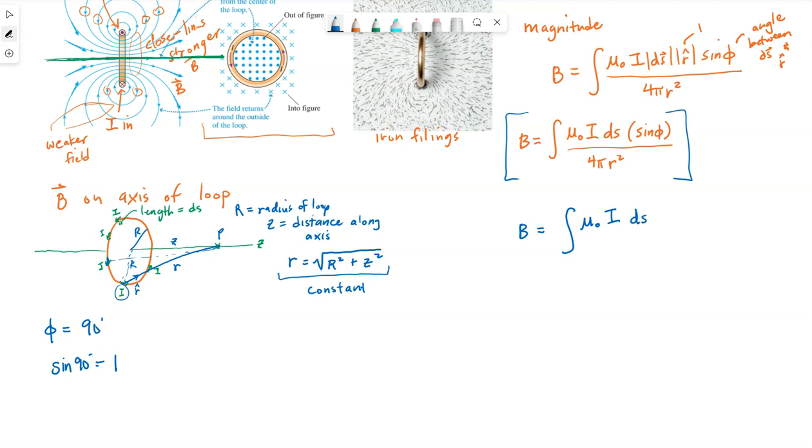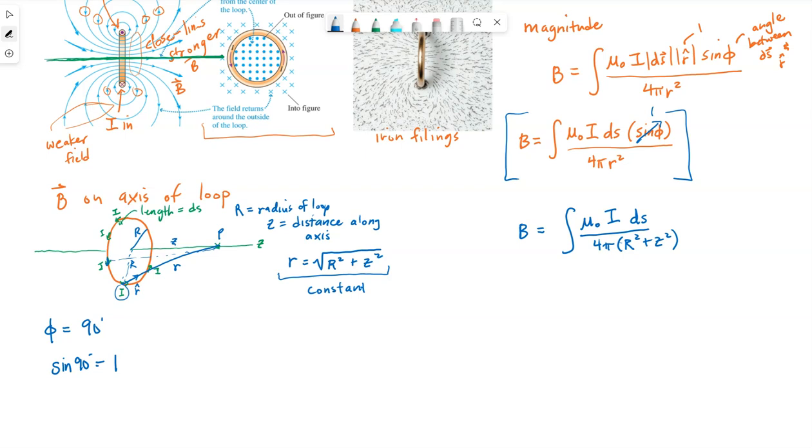I'm still calling this ds for now. Sine of phi in this case is just 1 over 4 pi r squared. And we know r, so if I put that in here and square it, this is where we're at. Now this would represent the magnitude of the magnetic field.